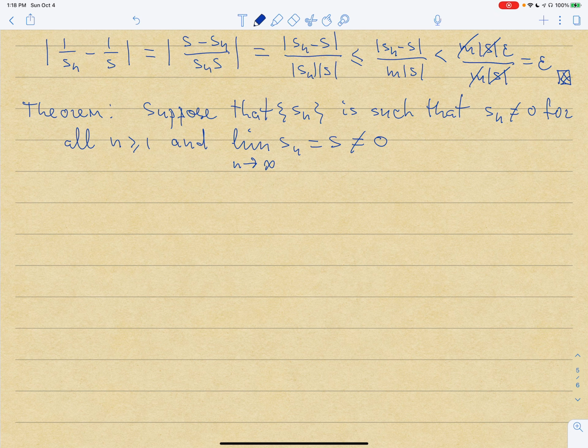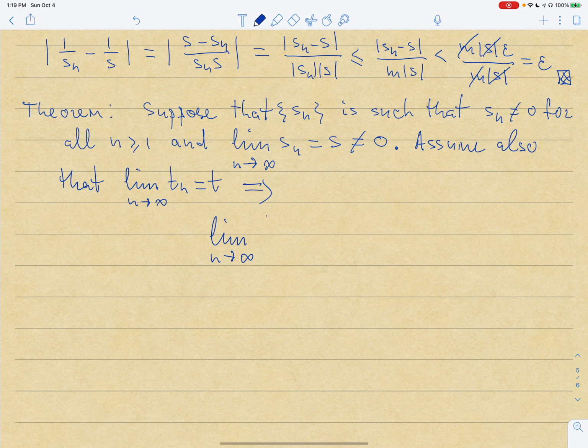So I'm going to suppose the same conditions for Sn and assume also that the limit of Tn is equal to T. So then we should expect that the limit as n goes to infinity of Tn over Sn must be the same thing as T over S, or the limit as n goes to infinity of Tn divided by the limit as n goes to infinity of Sn.